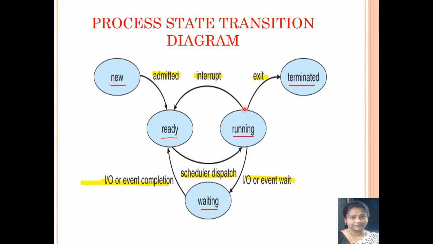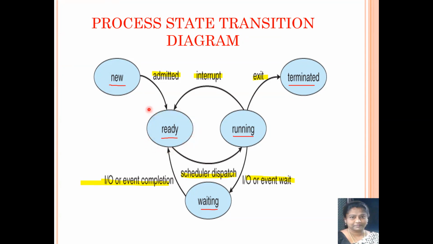Now let's discuss when a process will exist in each of these states and what will cause a process to move from one state into another. First, the new state. Whenever a process is created, the process is said to exist in the new state. Whenever a process is ready for execution, it is said to exist in the ready state.